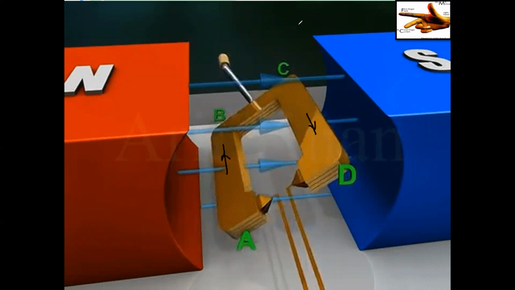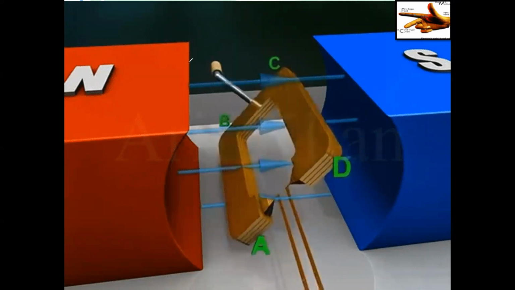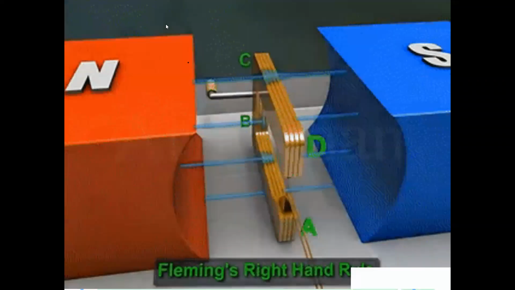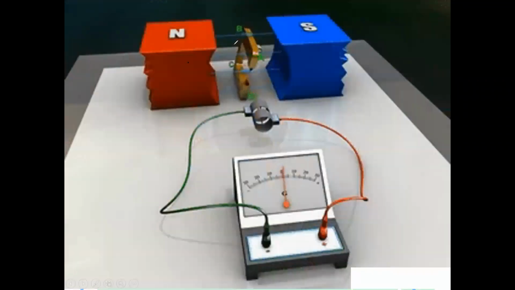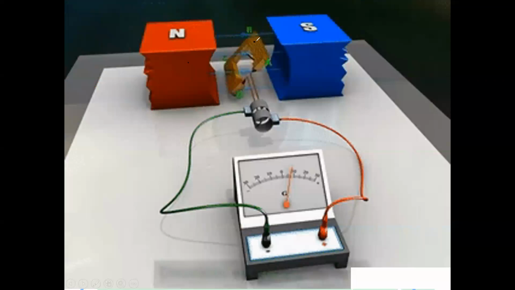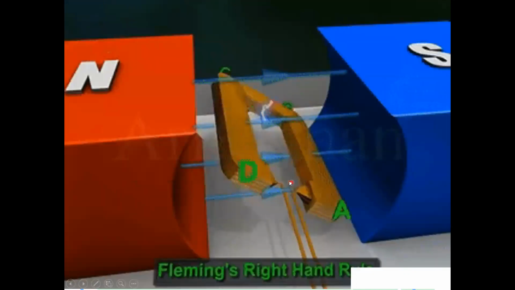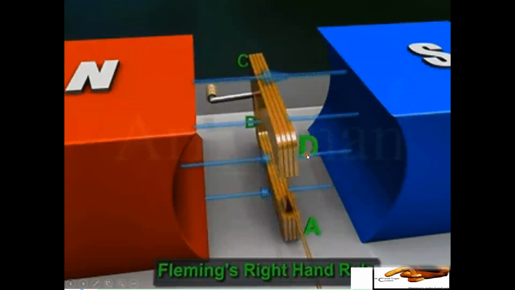But in the next image, when the position changes, AB is down and CD is up or into. When we see this effect on the galvanometer, or we can use an ammeter, you can see the needle of the galvanometer will deflect right and left continuously.